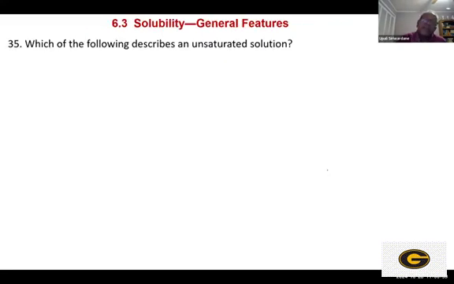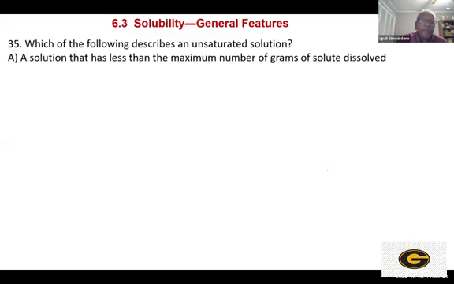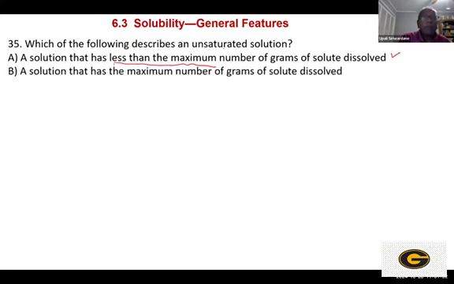Which of the following describes an unsaturated solution? A solution that has less than the maximum number of grams of solute dissolved. That's true. Less than maximum. A solution that has that's saturated.